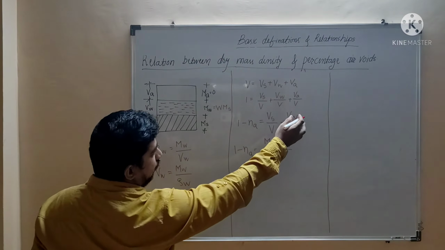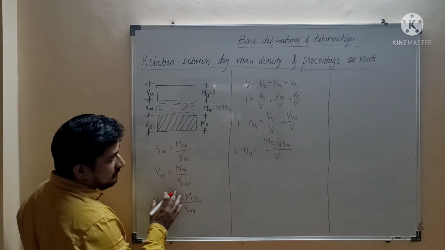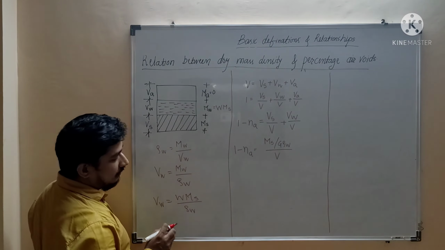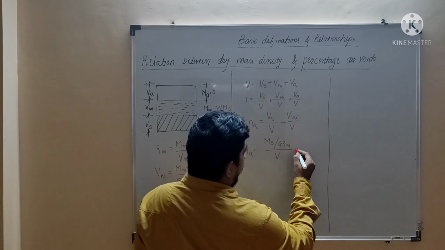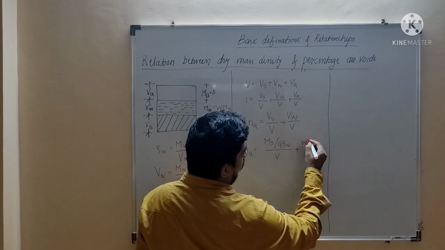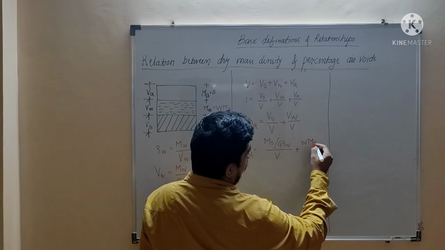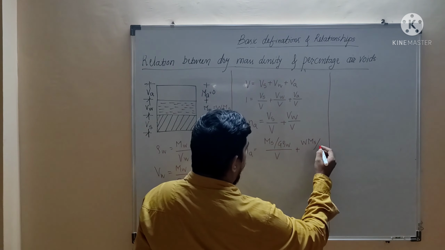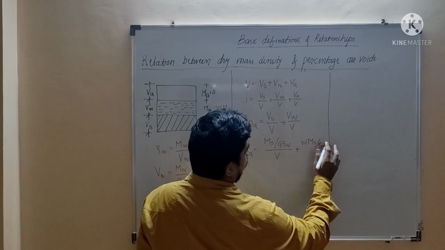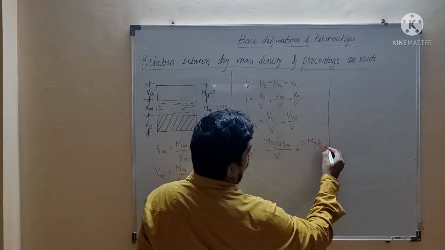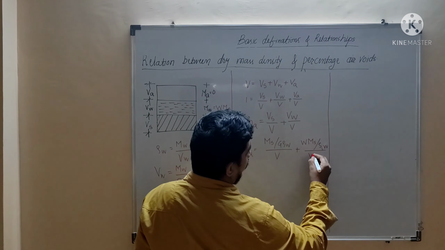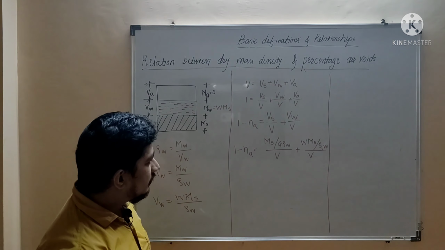So instead of volume of water we can write this term, w into Ms divided by rho w, divided by V, isn't it?